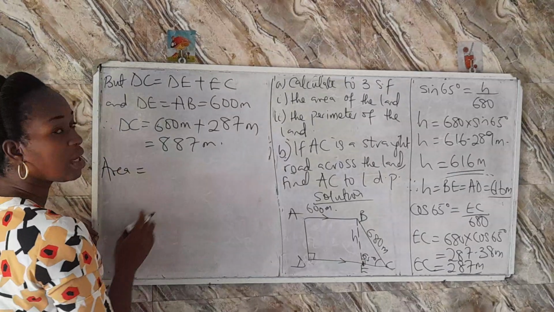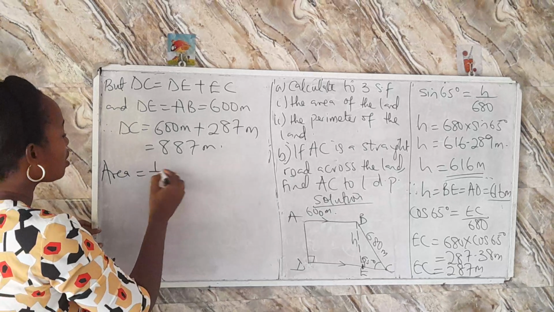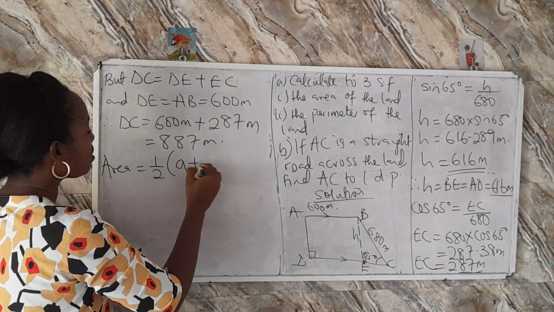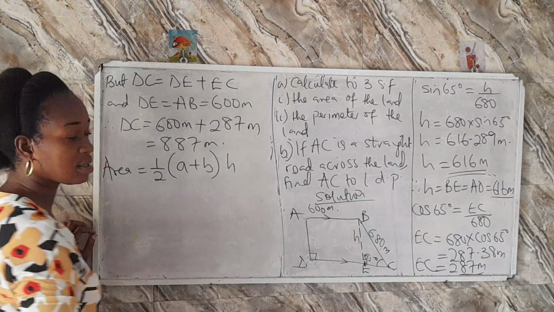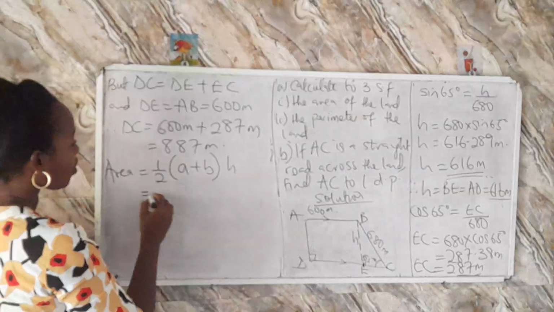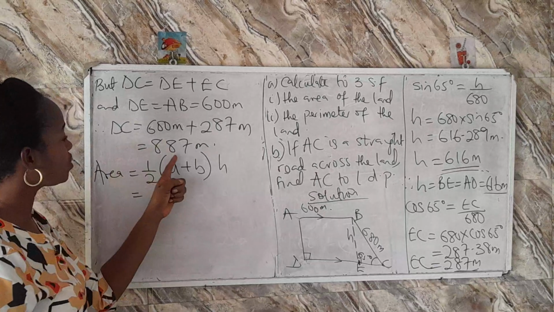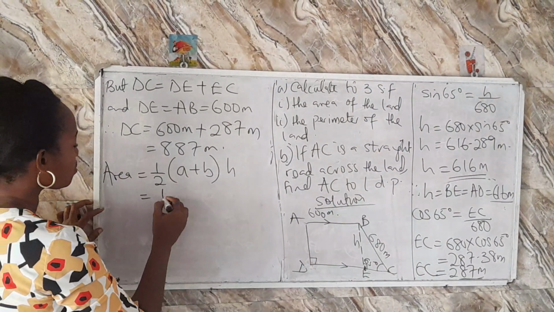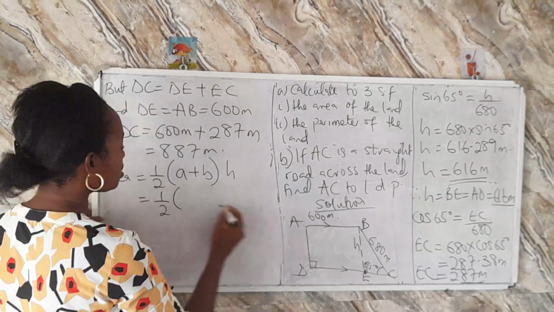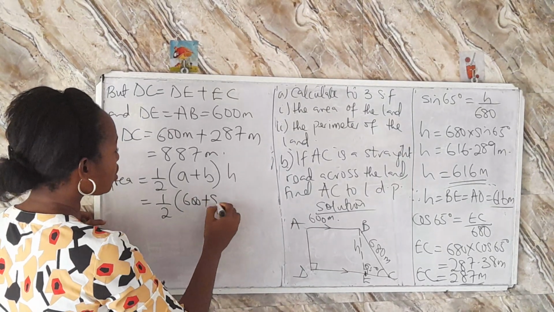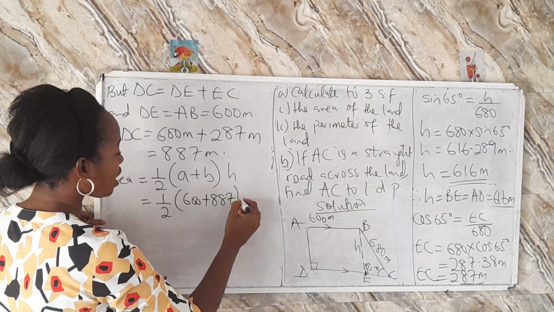So the area of a trapezium will be half times A plus B times height, right? Now what is A? We have A, then what is B? B is DC, which is this. So this will be 1/2 into A, which is 600, plus 887 times height.